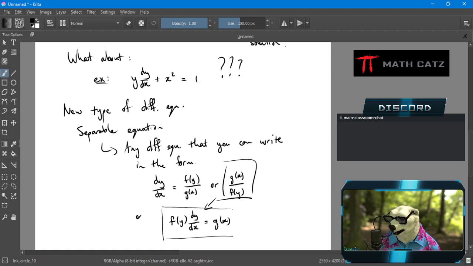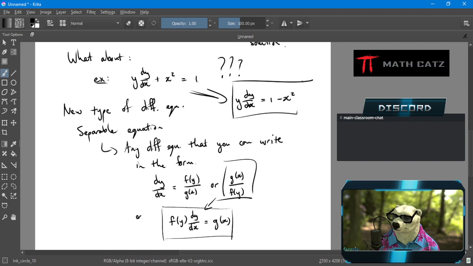Let's maybe focus on something like that. So we're able to separate the variables, the x's and y's that could be floating around, from each other. This top example is a separable equation because I can write it like this. Maybe this is the easiest version to get a handle on, the one in the box.